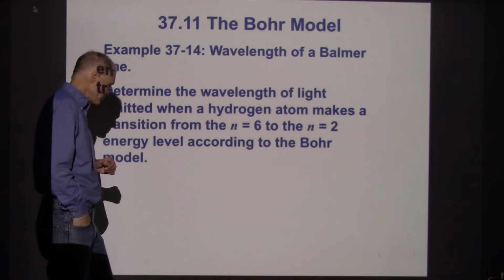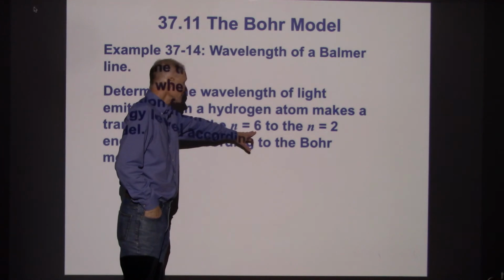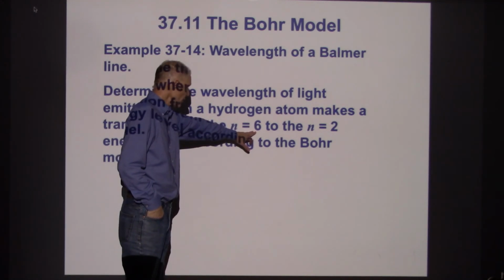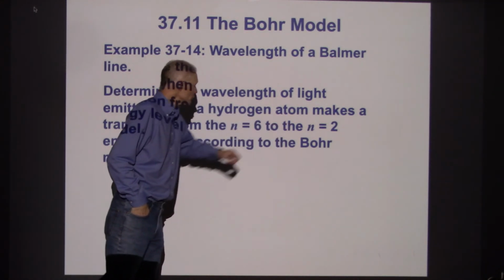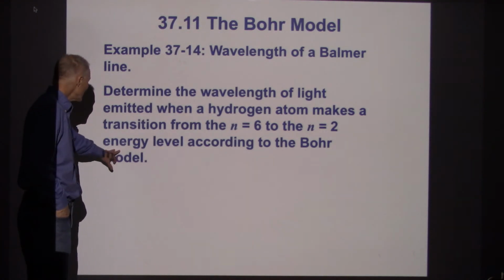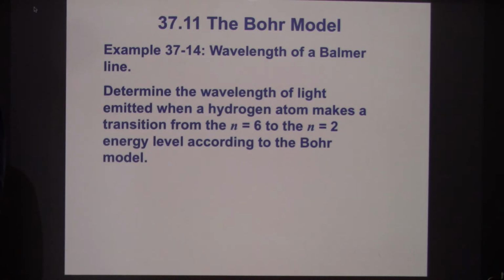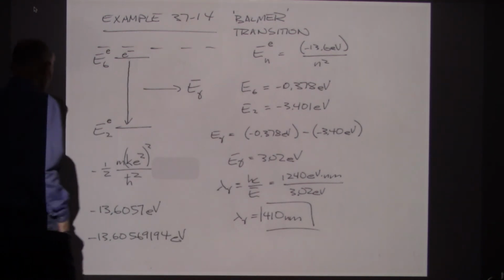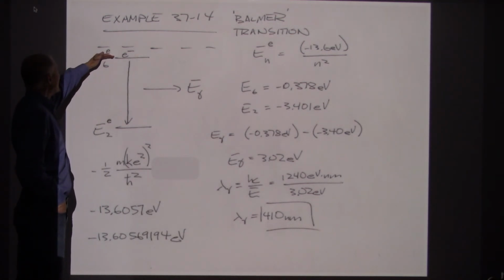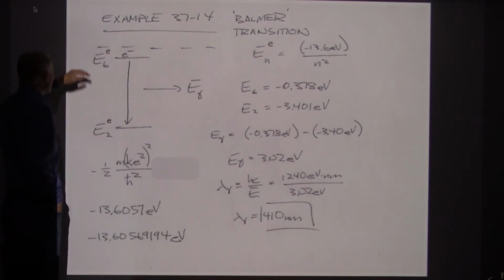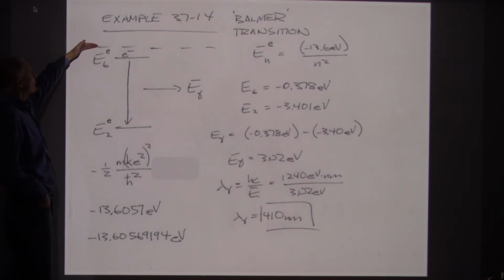Let's look at a transition from state number 6, energy level 6, to energy level 2. Again, this is a formula that at least originally was derived by Bohr. And here's an electron in energy level 6. Now notice the reference we're working from here. This is 0 energy.